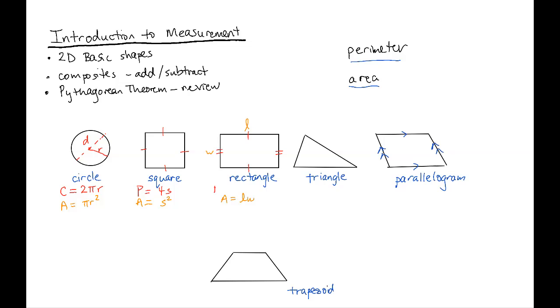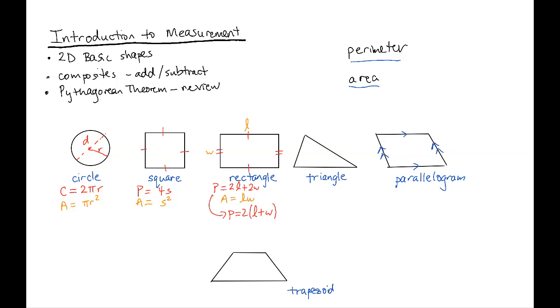But the perimeter is equal to 2 lengths plus 2 widths. Now, some of you actually know you can factor out a greatest common factor, the 2. And so some of you actually know the equation as 2 times (L plus W).